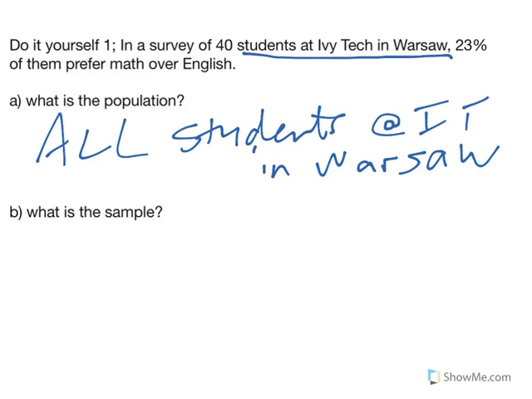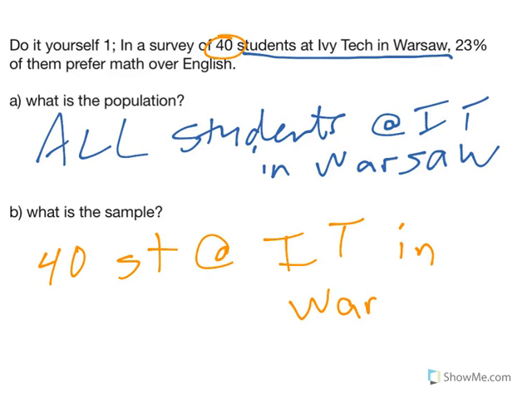And yes, you do need to be that specific, because if you just say all students, is that high school students? Is that middle school? Is that students in Alaska? No, students at Ivy Tech in Warsaw. So be specific. And now the sample, well, the sample has the numbers. So 40 students at Ivy Tech in Warsaw, right? You want to have all of that.